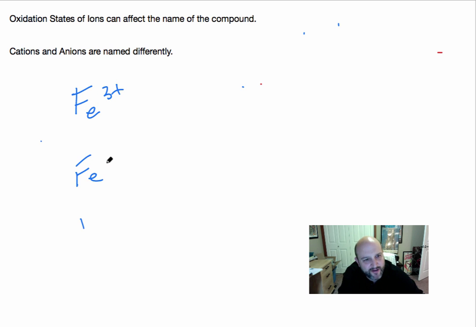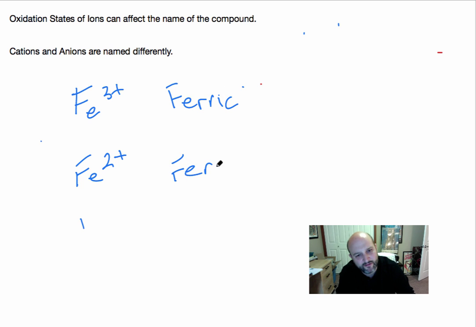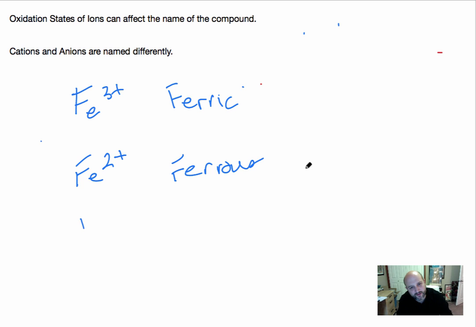Now notice, remember copper was 1 and 2. This is iron 3 and 2. This is called the ferric cation, and this is called the ferrous cation. We also call this iron 3, and we call this iron 2.